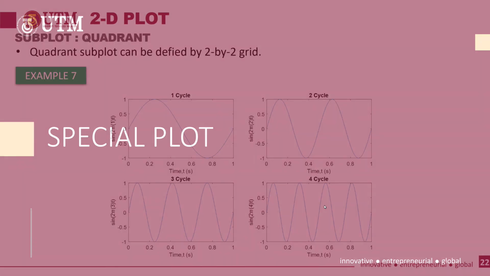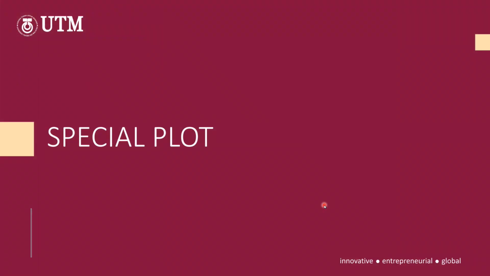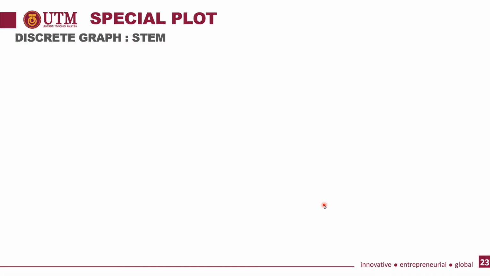Next we will be learning about a special plot. So what is actually a special plot? The first part of the special plot is related to the discrete graph. What is actually a discrete graph?